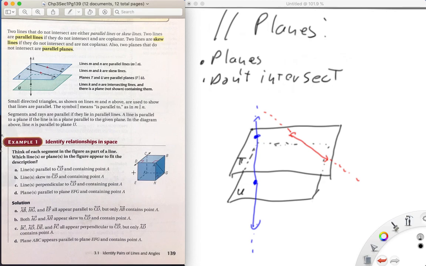Here is CD. Here is AB, which is parallel, HG right here, which is parallel, and EF down here, which is parallel. EF is coplanar with DC, that makes them parallel. CD is coplanar with AB, which makes them parallel. And if we had that slanted in between plane, we could say DC is coplanar with HG. So this fits.